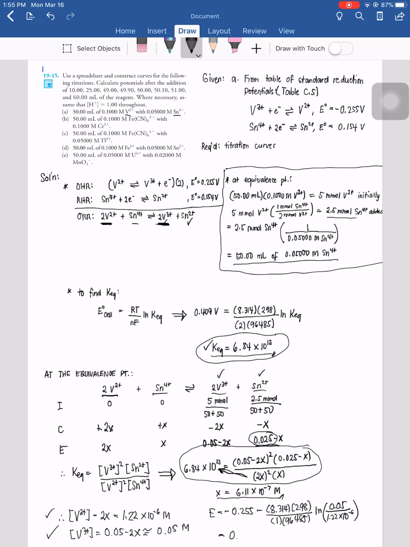So that's equal to 0.018. Not molar. That's volts.